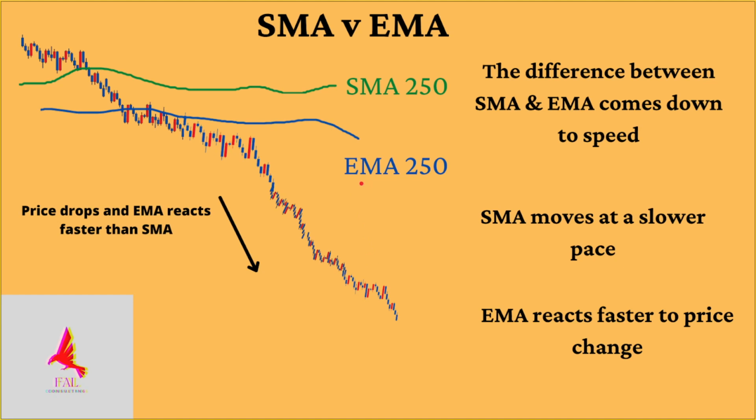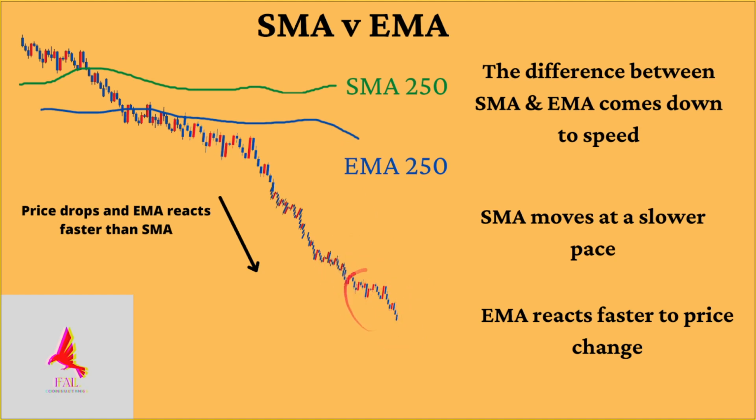Now, an EMA would react faster because it is created with certain calculations. This is something that you can alter, but even just the base EMAs are fine as well. They are preset with calculations that give more weight, more credence, to the more recent price data.